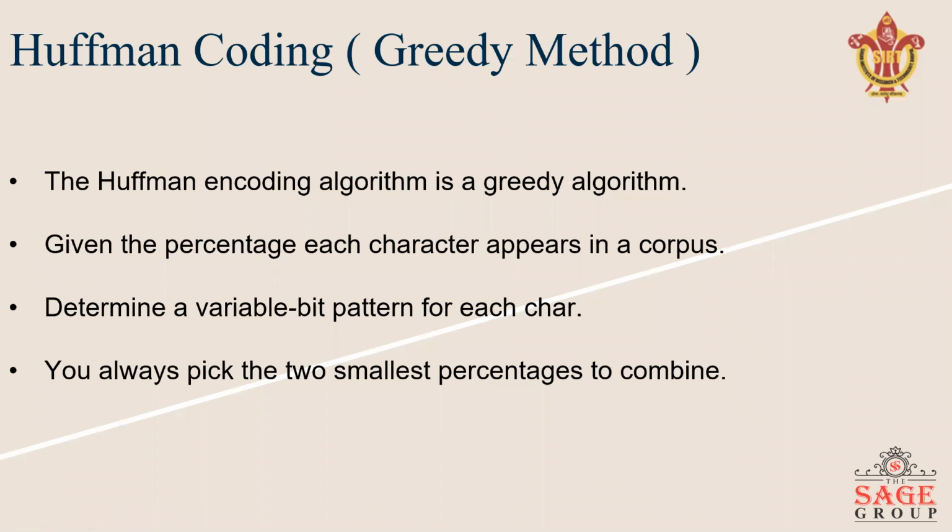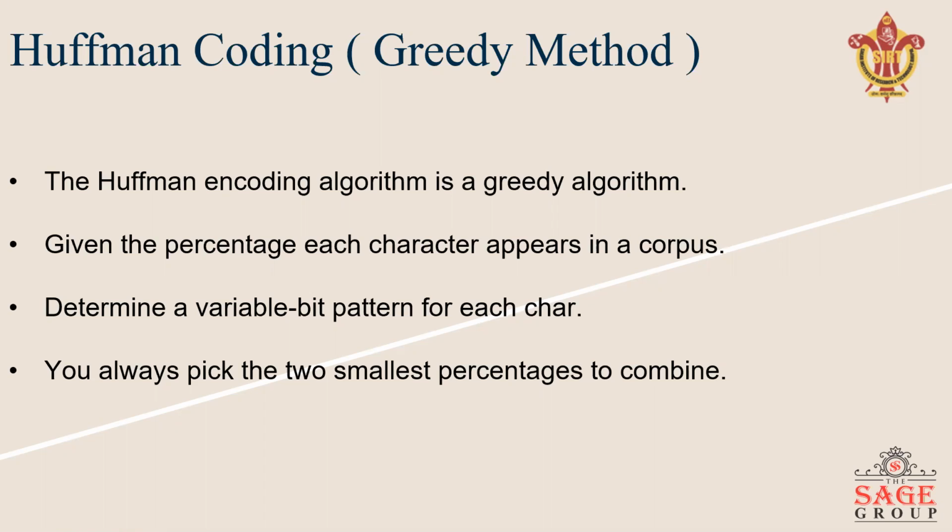So this is our first slide, where you can see that the Huffman coding technique is based on the greedy method. As we all know what the greedy method is, I have discussed it in my earlier lecture. The greedy method always selects the best possible solution based on the current input values. Now, the Huffman encoding algorithm is a greedy algorithm, so it also follows the rules and steps of a greedy algorithm.